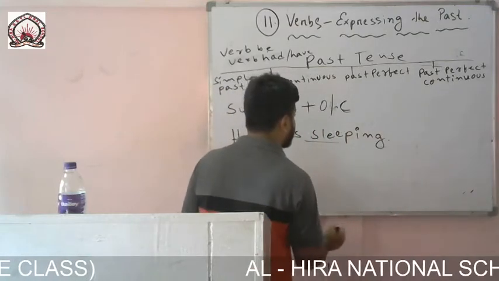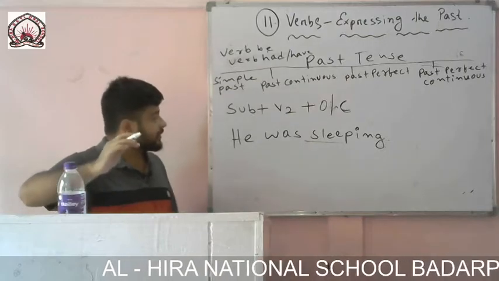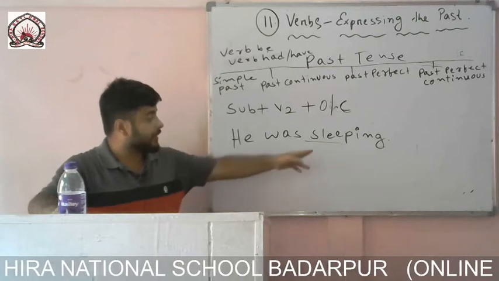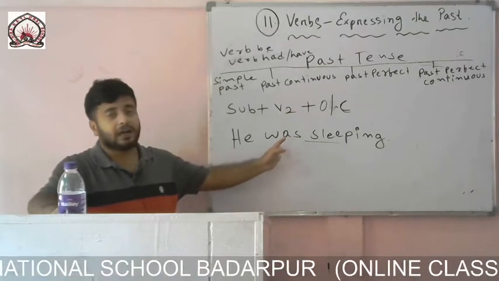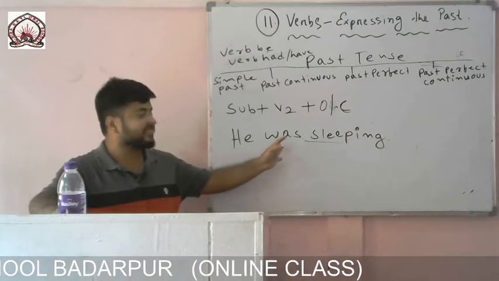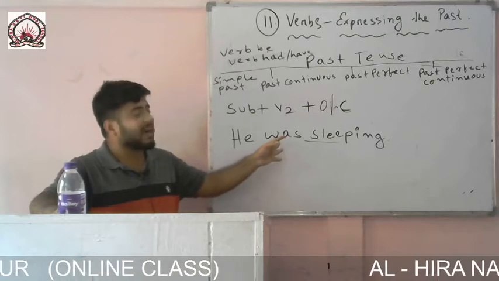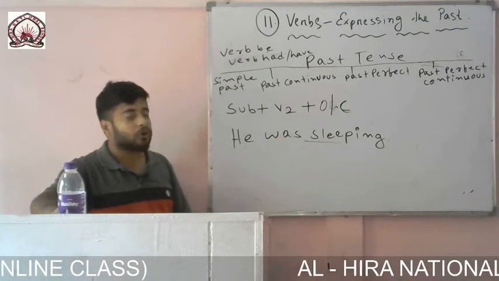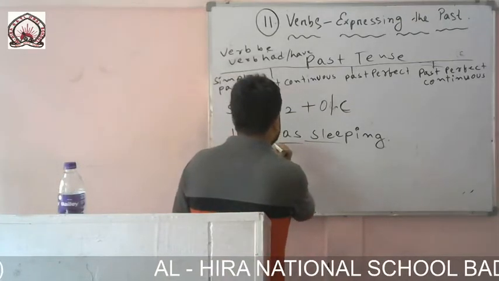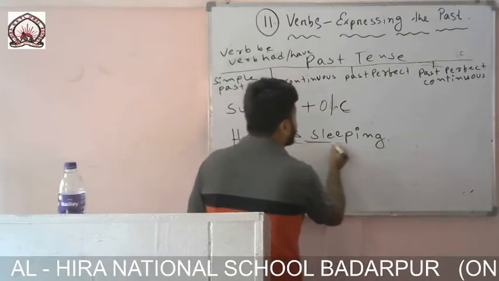Now sleep is the verb here. The verb is sleep, and I have used was here. Verb be, was, is being used as an auxiliary verb to form tenses. Why is it used?